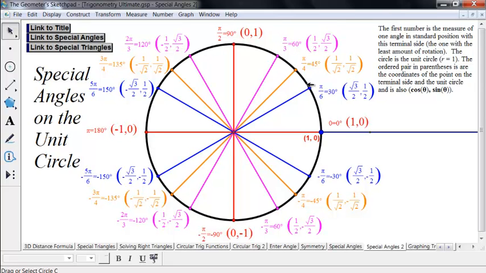It's going to be useful for us to know these particular angles and their sine, cosine, and tangents, and other trig functions as well.